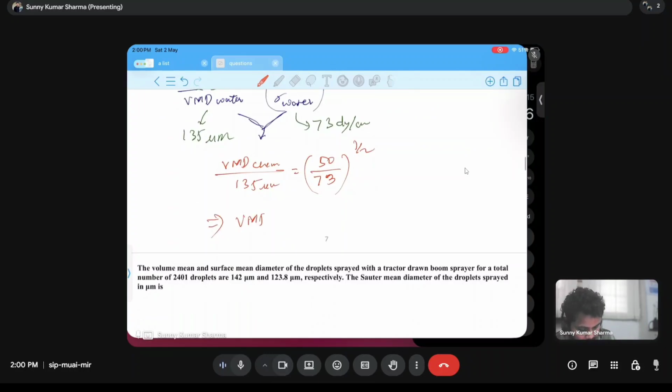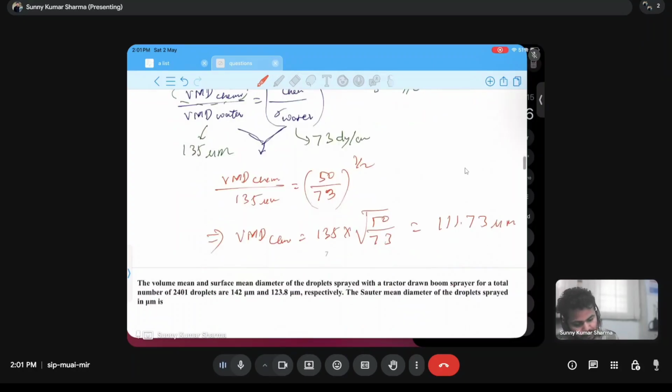This implies that VMD of chemical is equal to 135 into root under 50 by 73. So the answer is 111.73 micrometer.